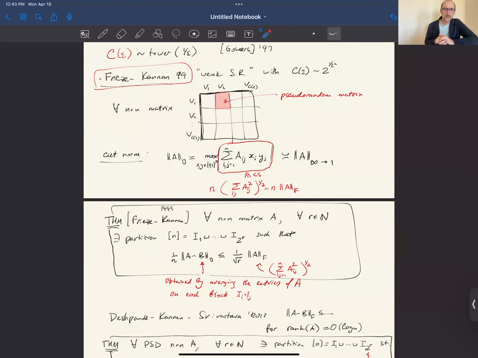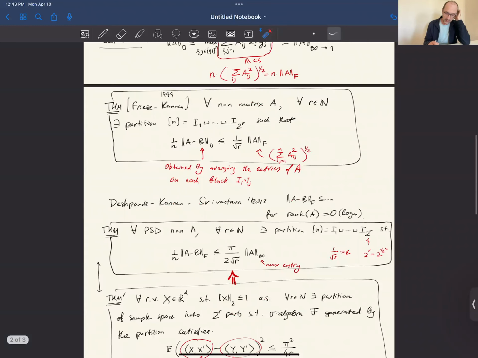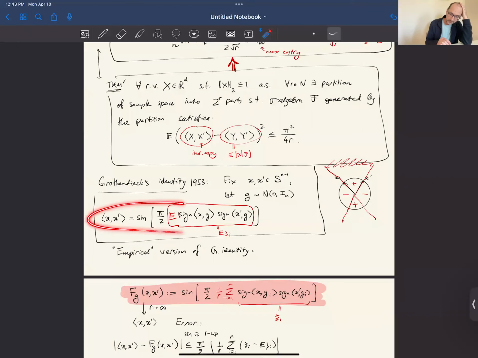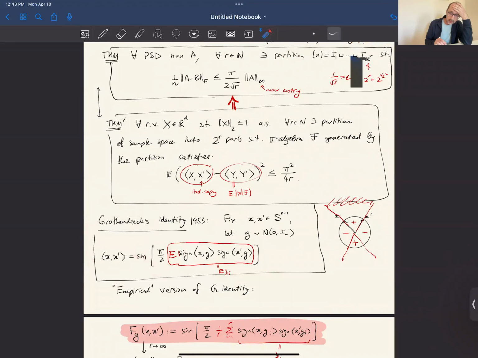But for the maximum, isn't what you prove maybe even equivalent to the Grothendieck inequality? No. Grothendieck inequality, you mean? Yeah. I mean, it may be so close that maybe you can reverse the argument. No. It may be. I don't know. The proof of the Grothendieck inequality basically goes like this: you first prove this identity. Now, if there was no sign here, no nonlinearity, then that's basically the Grothendieck inequality.